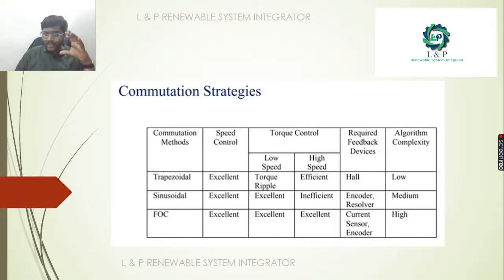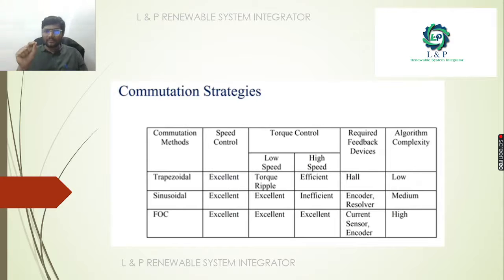When we go for commutation strategies, we have 3 methods: the trapezoidal method, the sinusoidal method, and field oriented control. In all 3 controls, we can do excellent speed control. But when you get into torque control, we can classify it into 2 categories: low speed and high speed. In the trapezoidal method, torque ripple will happen at low speed, so we won't use trapezoidal for low speed applications.